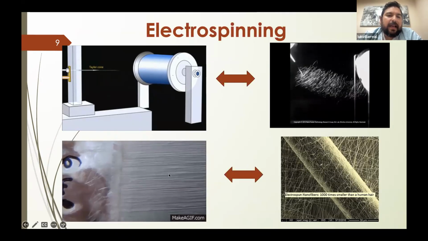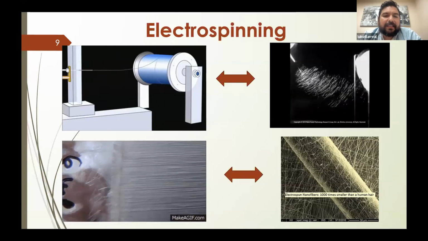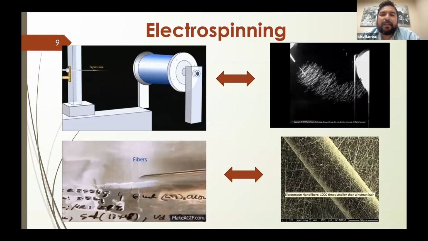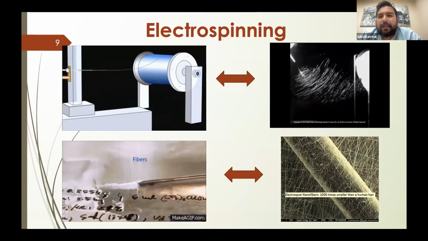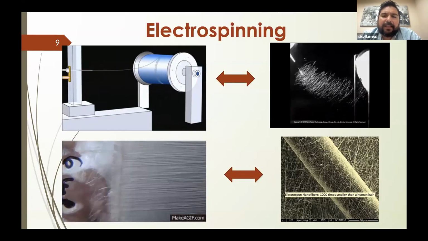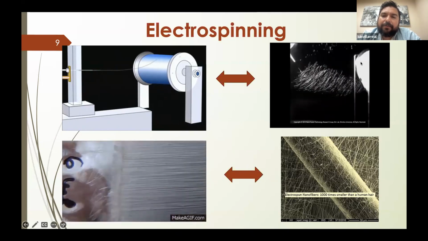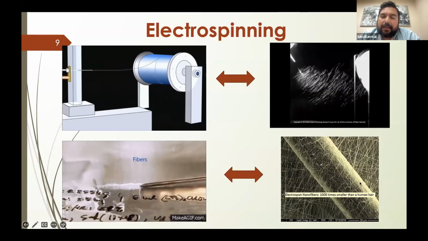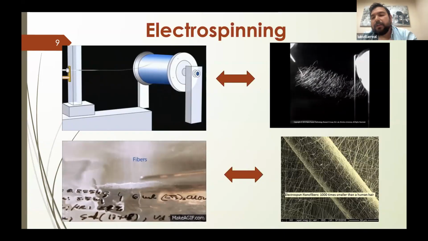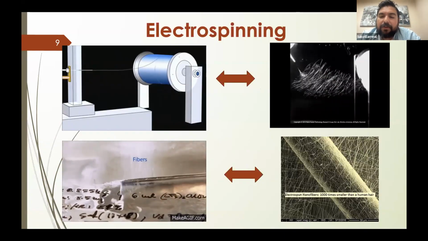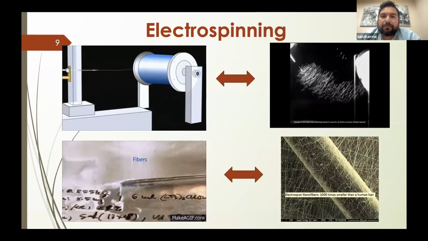This kind of collection is useful to improve mechanical properties of the final fibers, and you can use it for solar cells, biosensors, and so on, and some textile applications. Or you can have a static collector where you collect the fibers randomly, and this is important for tissue engineering and drug delivery systems and other biological applications.